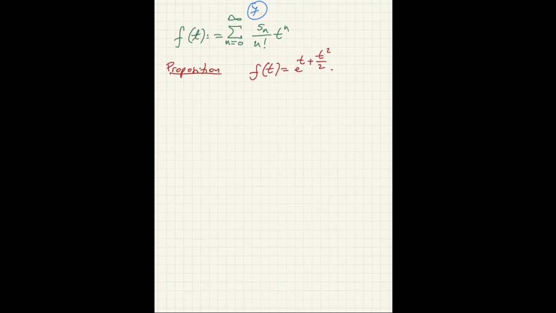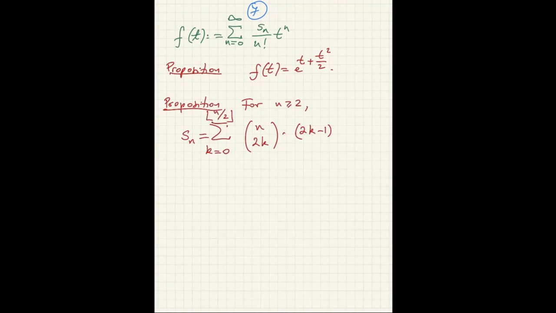I will give here another proposition: for n greater or equal to 2, S_n will equal the summation from k equals 0 to the floor of n over 2 of n choose 2k times 2k minus 1 double factorial.